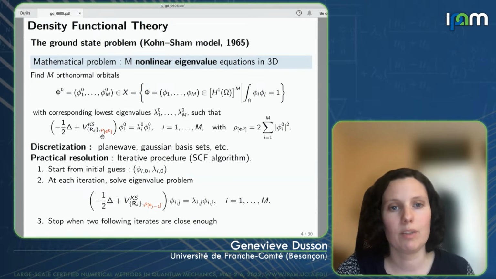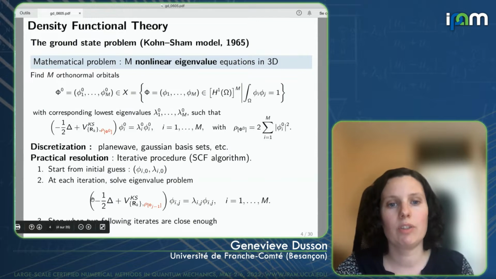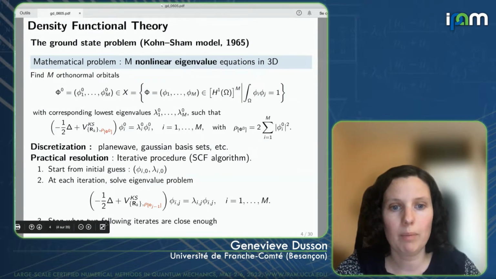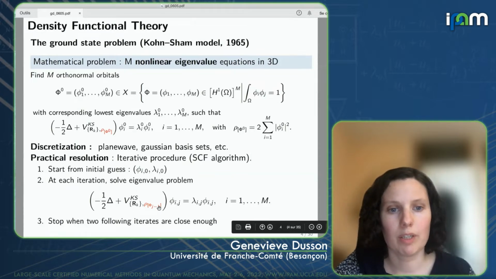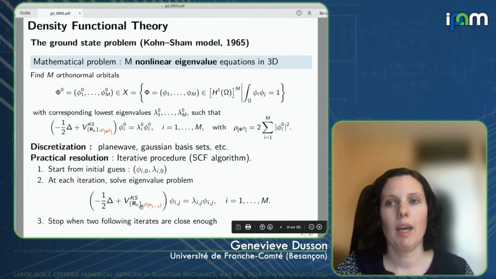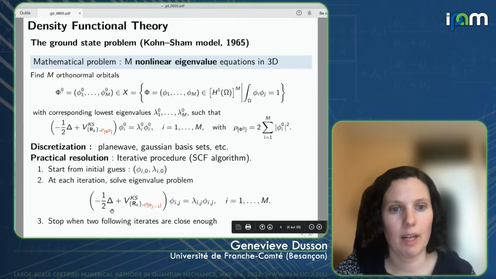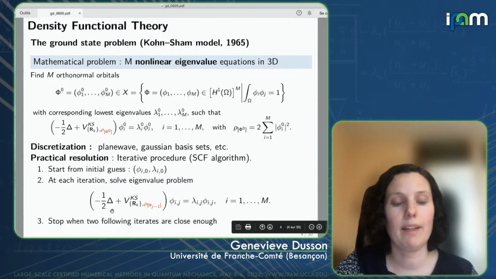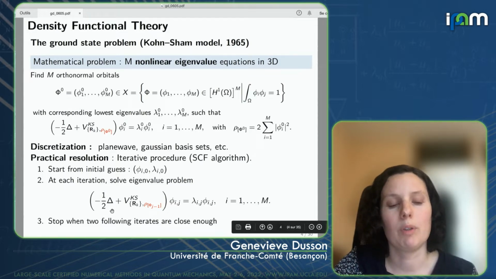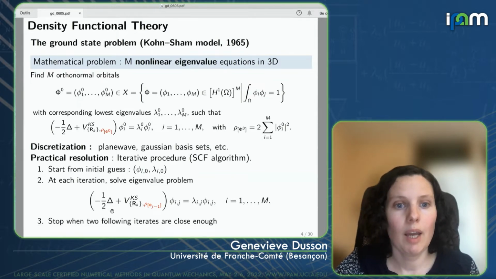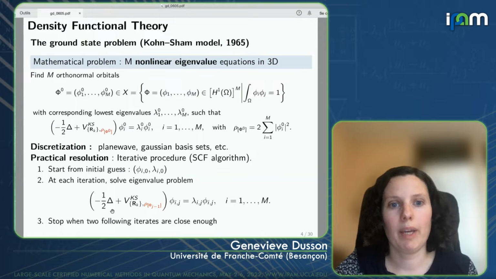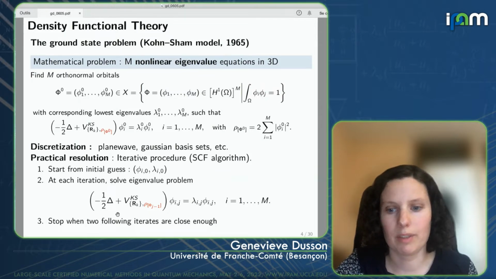The idea is to start from an initial guess, and then at each iteration solve a linear eigenvalue problem, taking in the potential the density computed at the previous step. After a few steps, this algorithm will hopefully converge, and we stop the procedure when two following iterates are close enough.